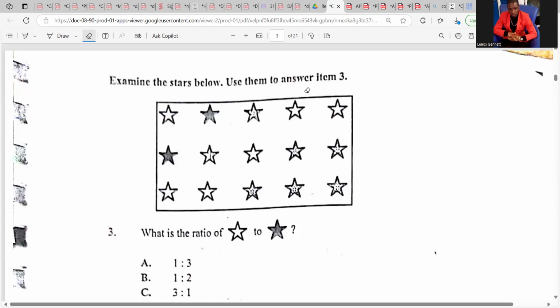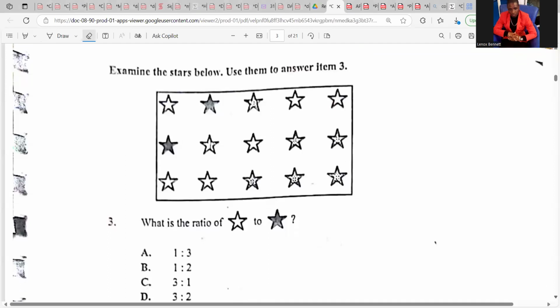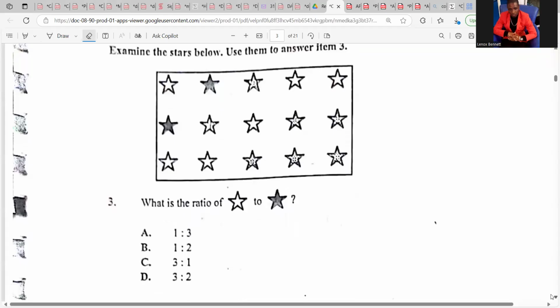Okay. I think I just see something now. I had to zoom in because it wasn't so clear to me at all.